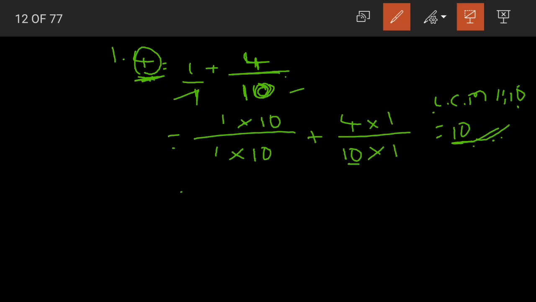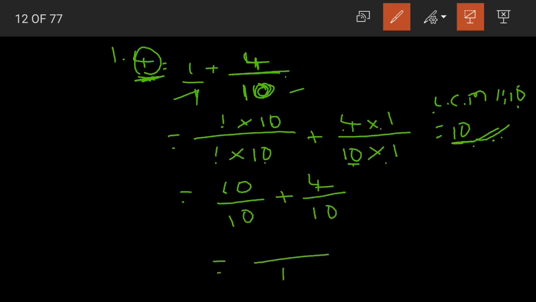So these are our fractions. When we multiply 1 into 10, 10 divided by 1 into 10, 10, plus 4 into 1, 4 divided by 10 into 1, 10. Now these are our like fractions. How will we add, children? 10 will be the common denominator, adding the numerators. 10 plus 4 is nothing but 14 divided by 10.